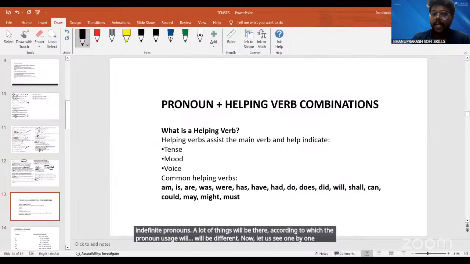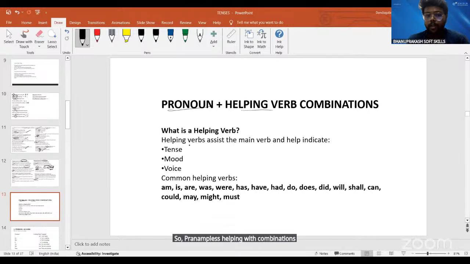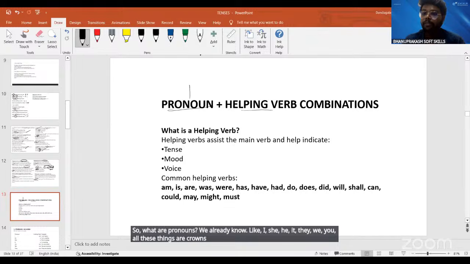So, pronoun plus helping verb combinations. What are pronouns? We already know: I, she, he, it, they, we, you. All these are definite pronouns, as we are particularly mentioning one person here. She means only one person we are defining.